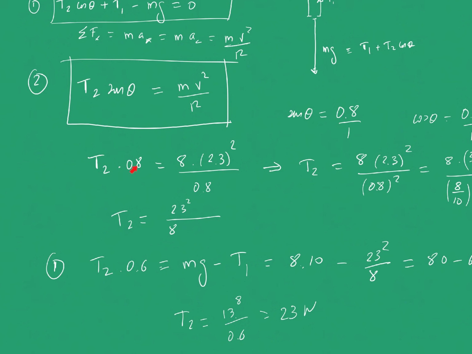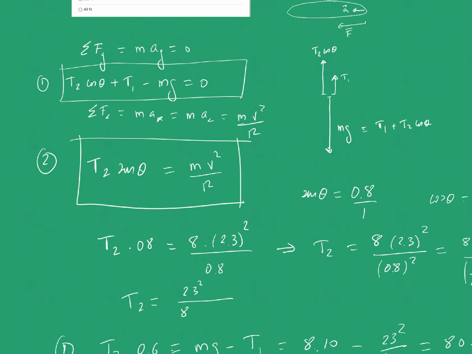T2 times sine of theta equals m v squared divided by r. Perfect. So you find T2, whatever it is. Now that you have T2, the problem is asking you for T1, or maybe T2. Well, to find T1, you go to the first equation.